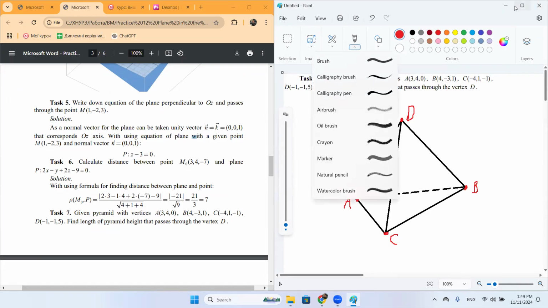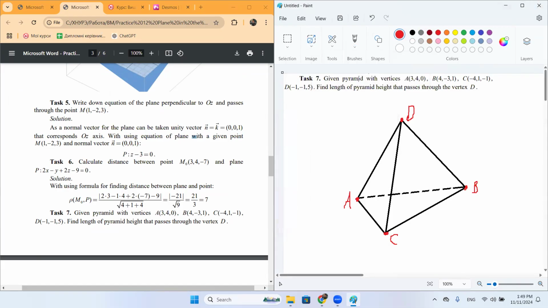Where are the tools? Here are the tools. And let's draw the altitude as well, and let it be black.